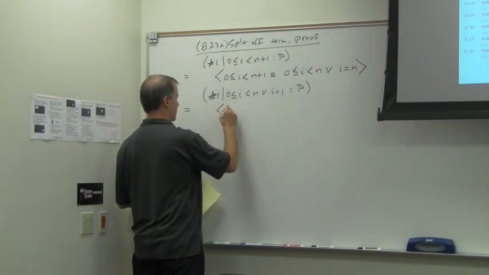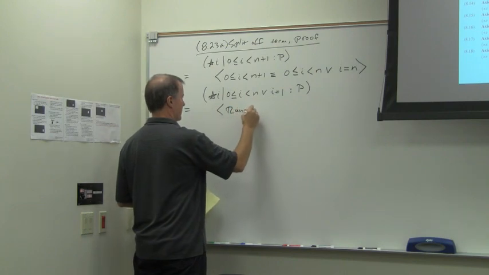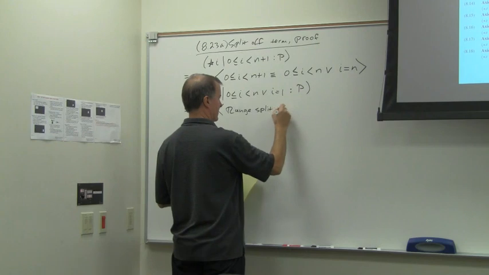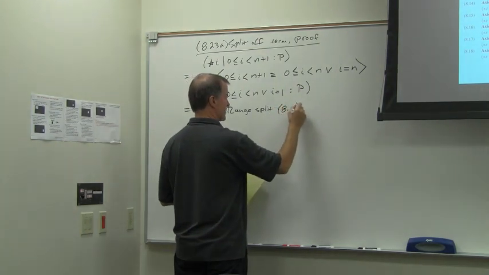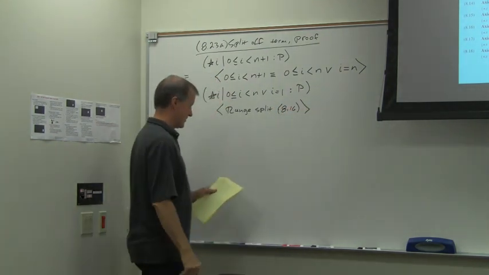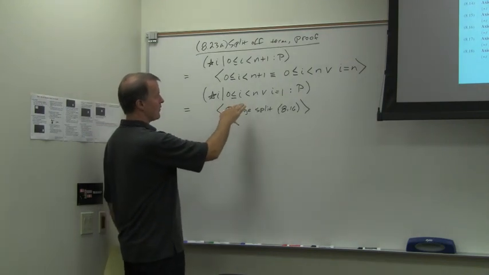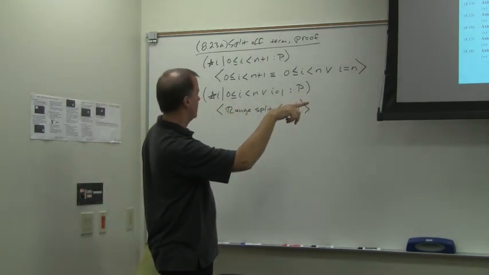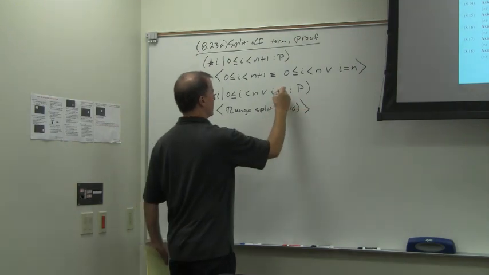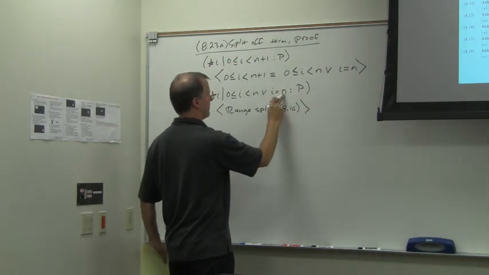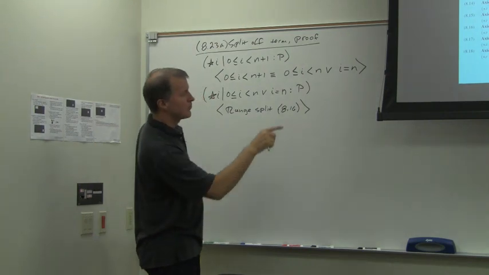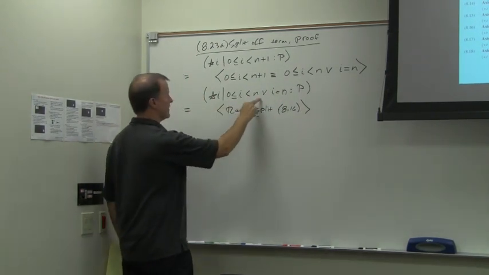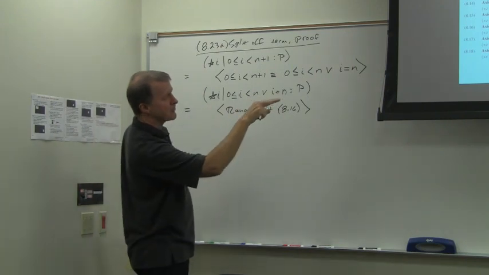Good call. So now what does range split say? Range split says I equals 1 to n, I equals n. So range split says we can just take or. And then do the provisos hold?